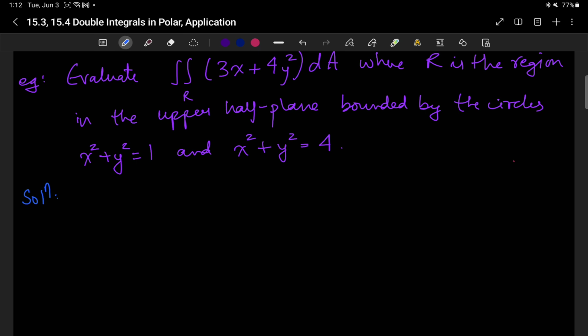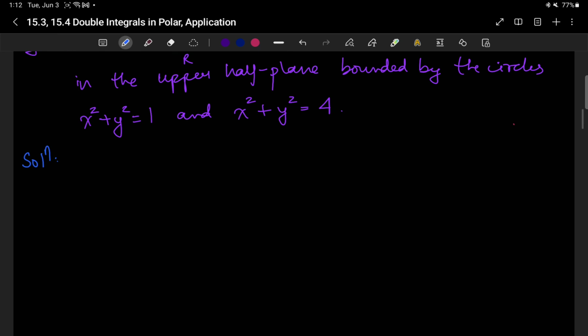We have a general region, and we could put this into a rectangle and work with it, but it's not going to be as easy, because as you can see, solving for y or x requires you to use square roots. So you would have y is square root of 1 minus x squared and all of that stuff going on. So instead of that, we will use polar coordinates.